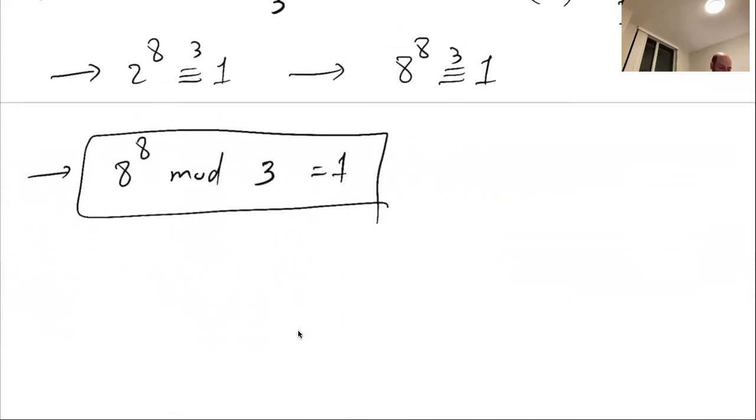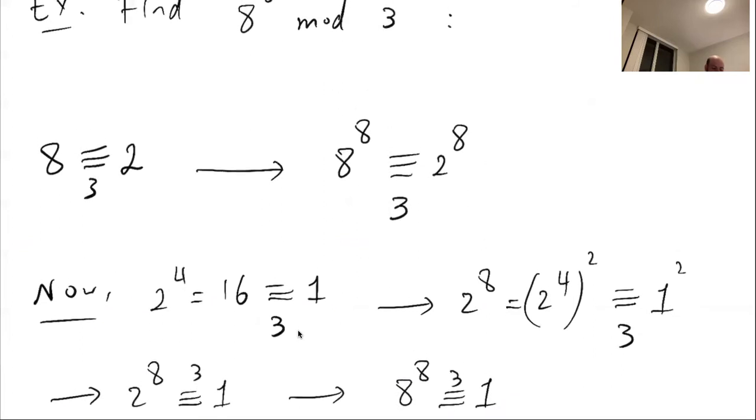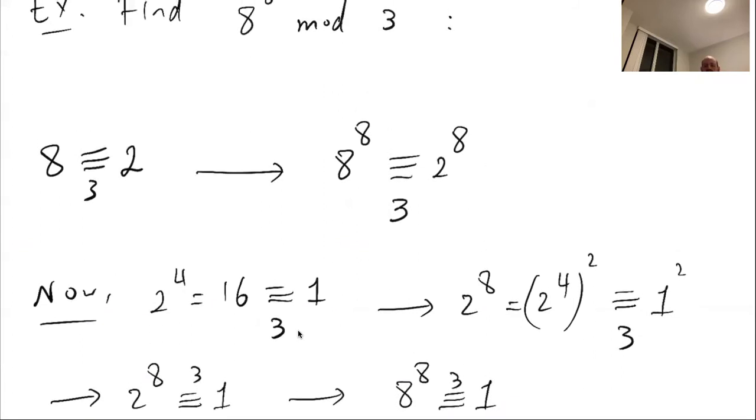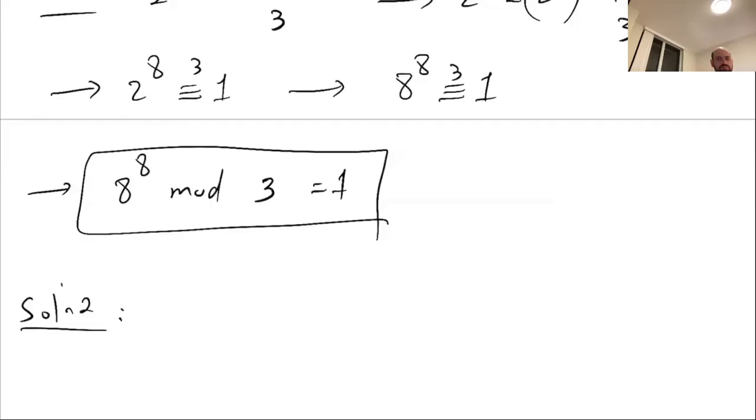Let me do it with another solution, solution 2. Okay, so what was the issue here? We had a small issue, and that's when we got 2 to the power 8, and 2 to the power 8 is not as simple as 1 to the power 8. Well, sometimes this situation is inevitable, and we cannot get 1.